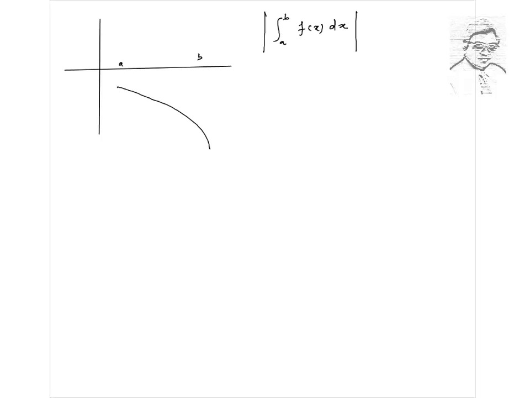But that also may not be enough in all cases. For example, if you integrate the sine function from 0 to 2 pi, you can check it, you are going to get 0 as the answer. But how can the sum of these two areas be 0?